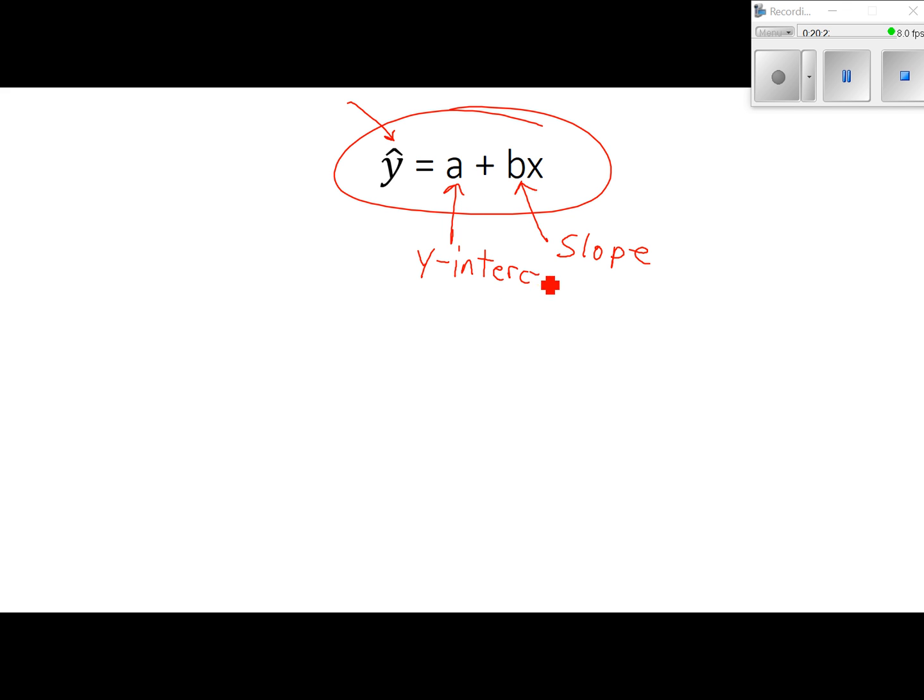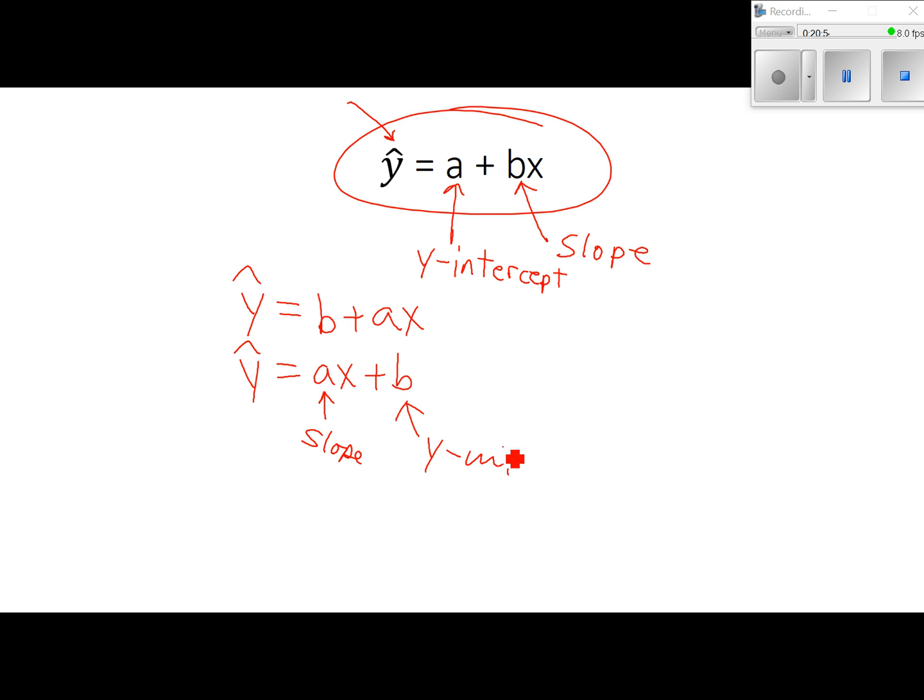Now sometimes those two get switched around, so sometimes instead of y equals a plus bx, it'll have a as the slope, so it might say something like b plus ax, or it could say ax plus b, and so on, but the number that's with your x is always your slope. Then the other is your y-intercept. So whichever way it's written, it's always that way.